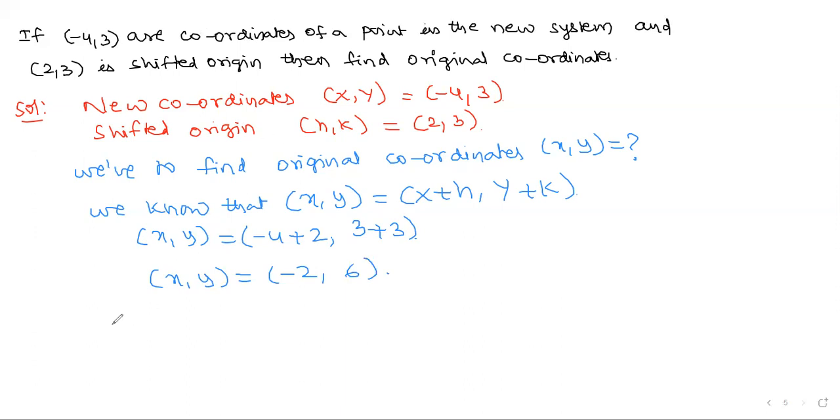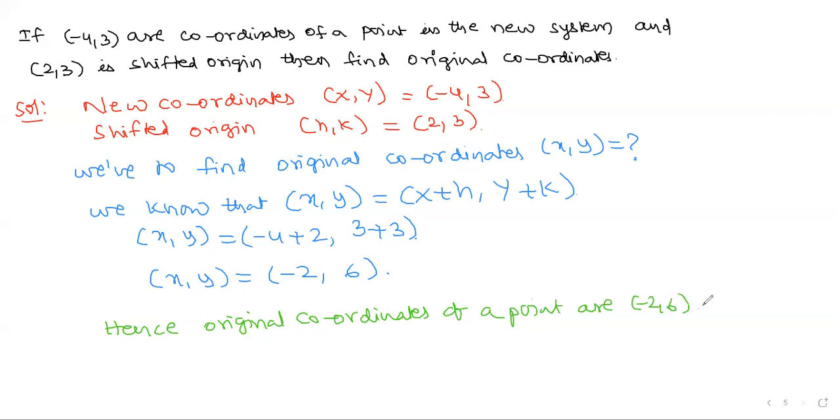Hence the original coordinates of the point are (-2, 6).